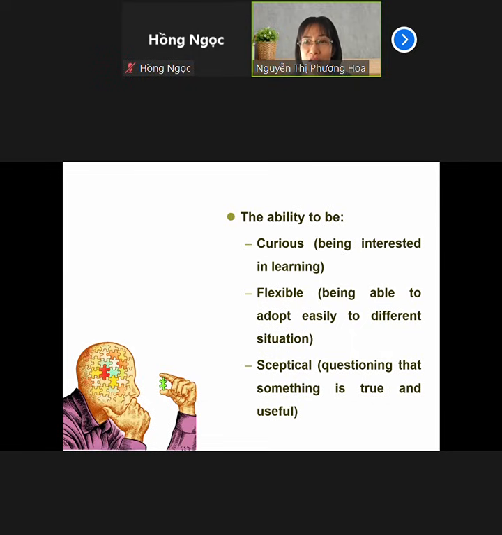What do I mean by flexible here? Because you are able to adapt to different points of view, you know by yourself that every issue can be viewed from different angles, and therefore you will not be conservative.